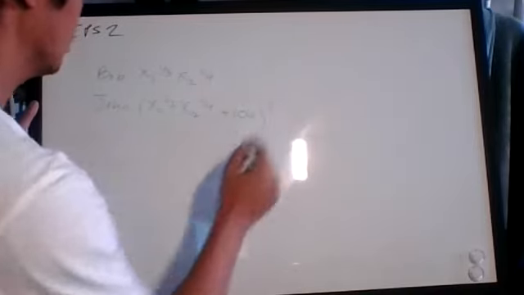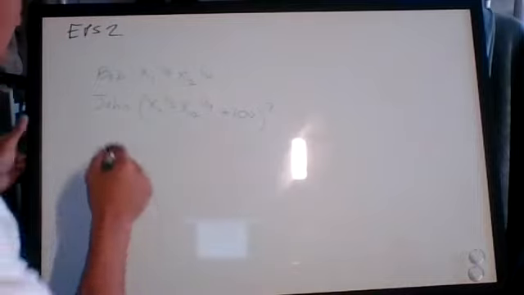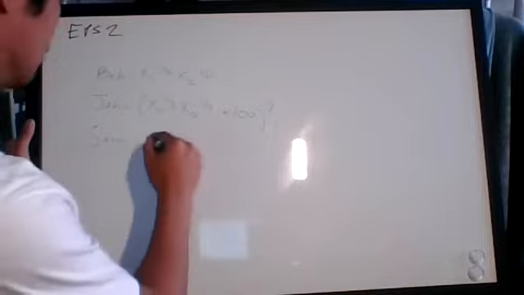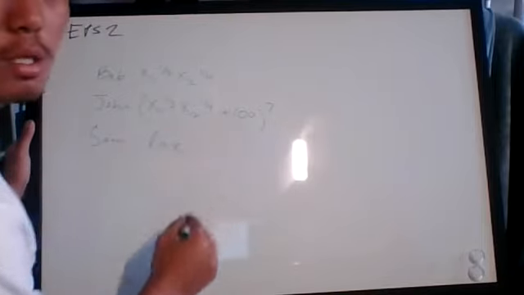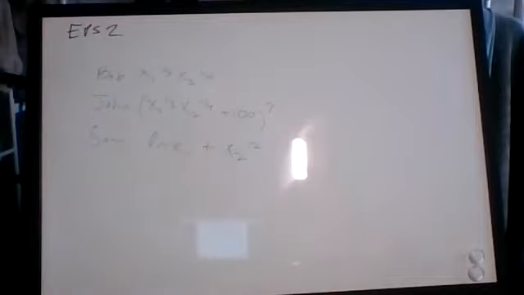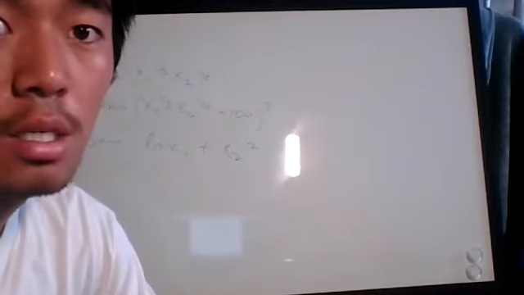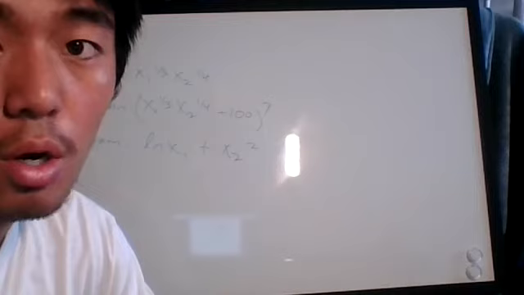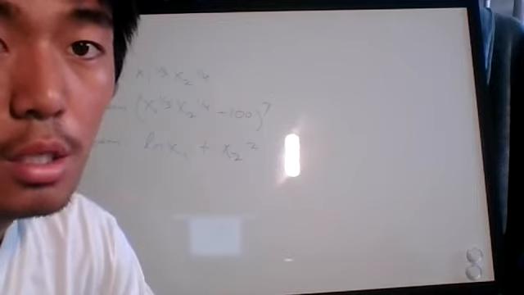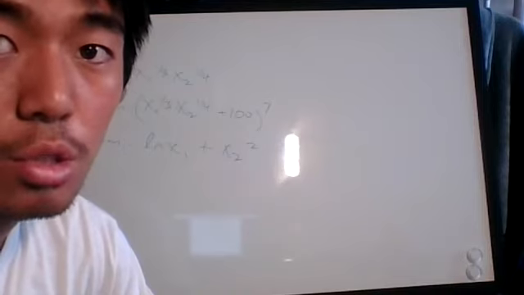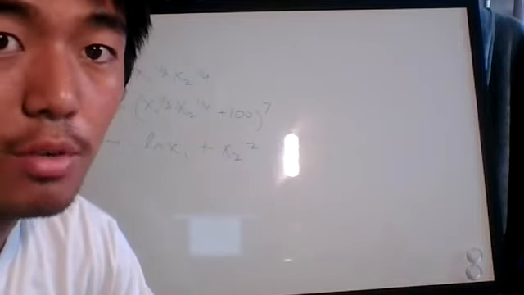And I think there's one more person. Sam is equal to natural log x1 plus x2 squared. This looks like a really nasty problem just because of what's given, but let's read what the question is. Circle all correct statements. Assume an interior solution where x1 and x2 are both positive amounts.